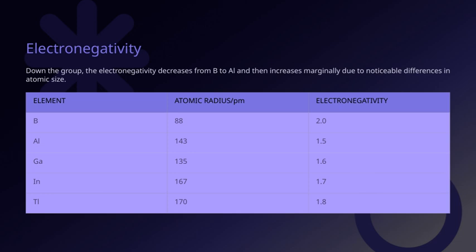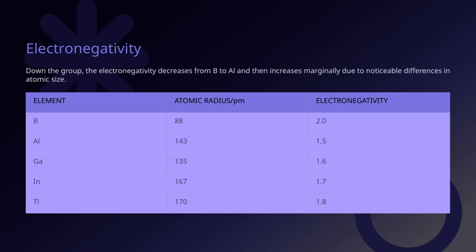This pattern might seem a bit counterintuitive at first, but it makes sense when we consider atomic size. As the atomic radius increases down the group, the outer electrons are farther from the nucleus, which reduces the nucleus's pull on those electrons, leading to lower electronegativity. But then, because of noticeable differences in atomic size, like the atomic radius slightly decreasing or stabilizing at certain points, the electronegativity bumps up a little again.